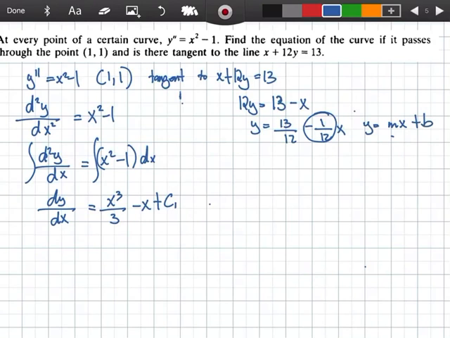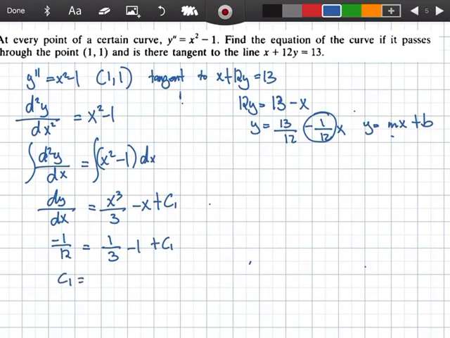So, we can substitute the slope of negative 1 over 12. Our x is what? Our x is 1, because it passes through (1, 1). So, negative 1 over 12 is equal to 1 cubed over 3 minus 1 plus c1. So, what is c1 on our calculator?